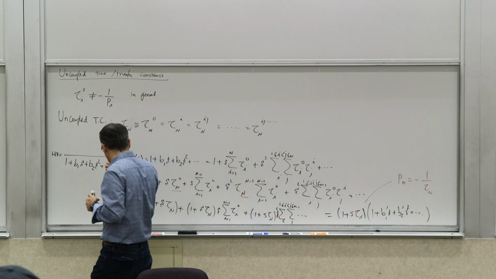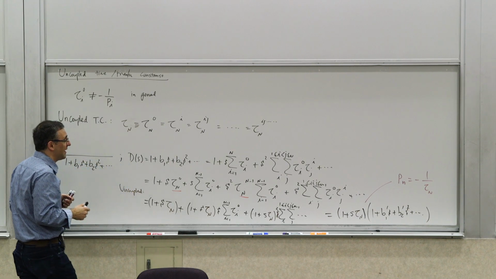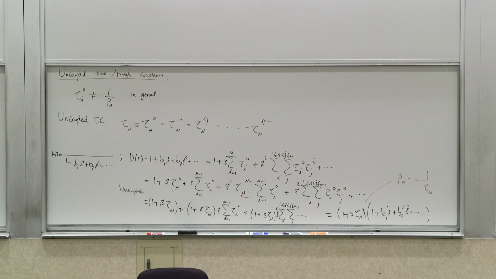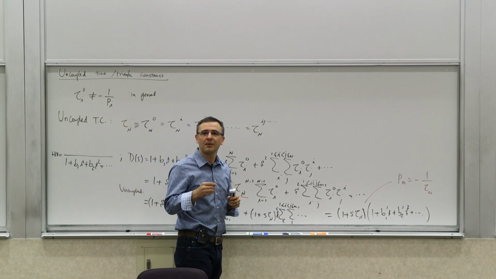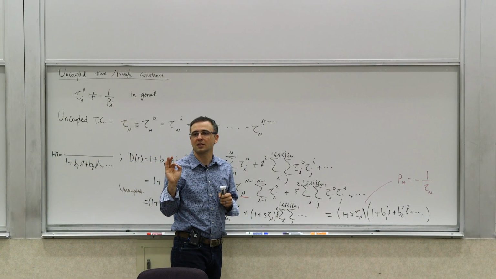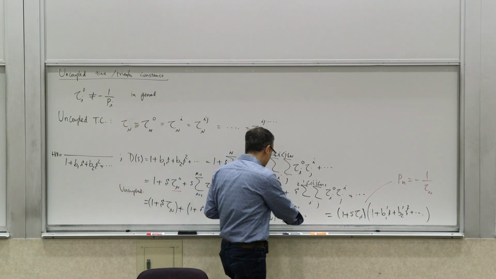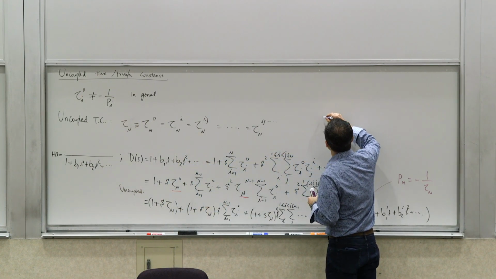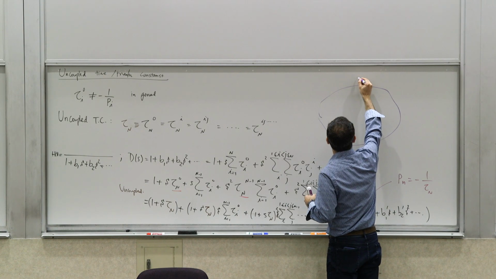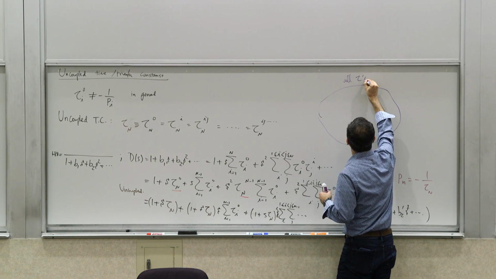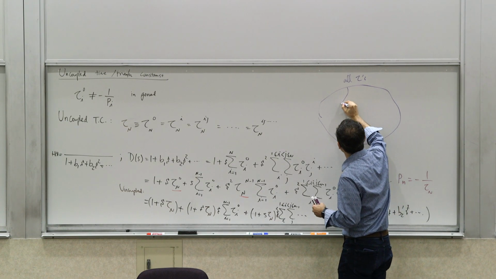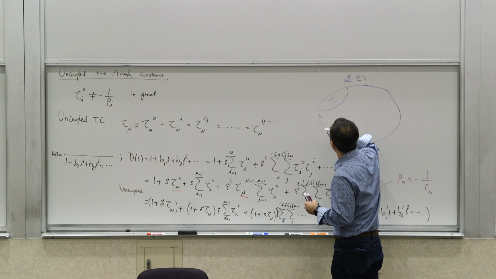I'll tell you how you prove it, which is just a little bit more mess, but the same kind of result. In general, your time constants are partitioned into clusters. If this is the space of all of your time constants, all taus, you may have a single one, let's call it tau 1.